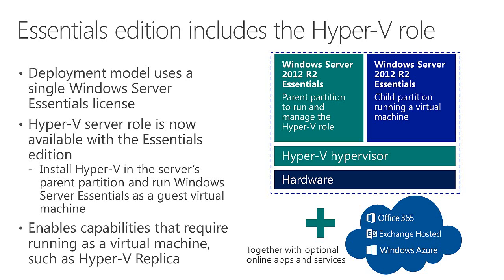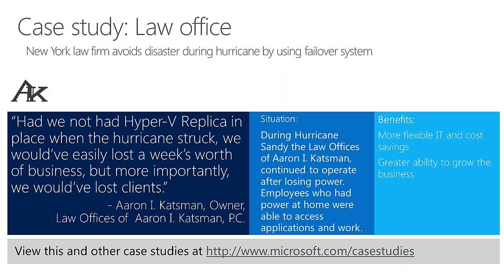But once you're running as a virtual machine and you have access to Hyper-V Replica, that becomes a much easier path to create solutions that do provide business continuity. So this is a main reason to look at creating a virtualized environment even for the smallest of businesses. And again, this can be run together with optional online applications and services just like a physical deployment would.